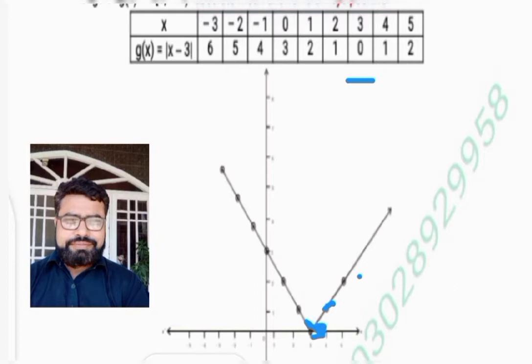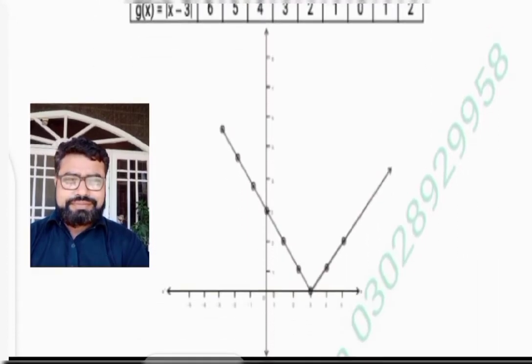So the value of y is 0 here, and the value of x is 3 on the x-axis. So we have plotted the point here. Now at 2 there is 1, the value of y is 1. So we have plotted a point here. Now we will join all these points and we have the graph of this function.